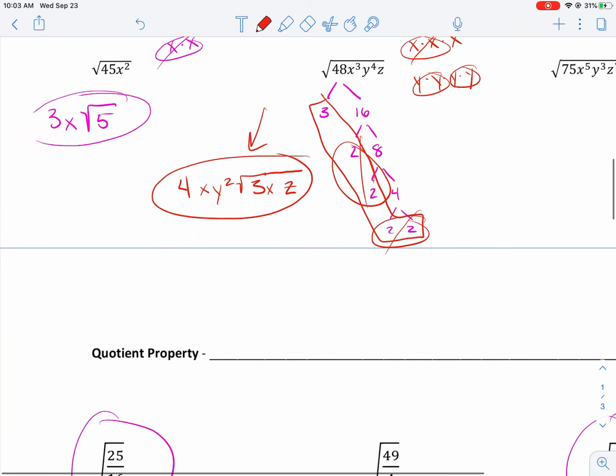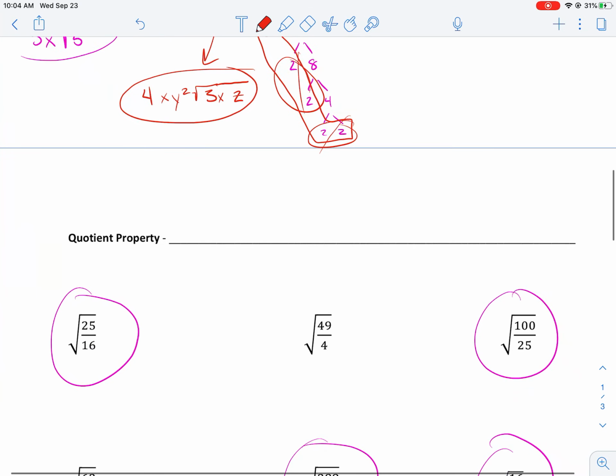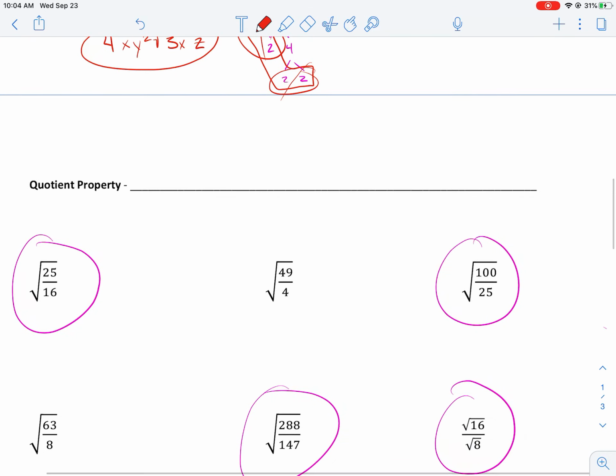Okay, let's keep going. Quotient property. What the quotient property states is that for any two numbers, a and b, both of them greater than or equal to 0, square root of a over b is equal to square root of a over the square root of b.